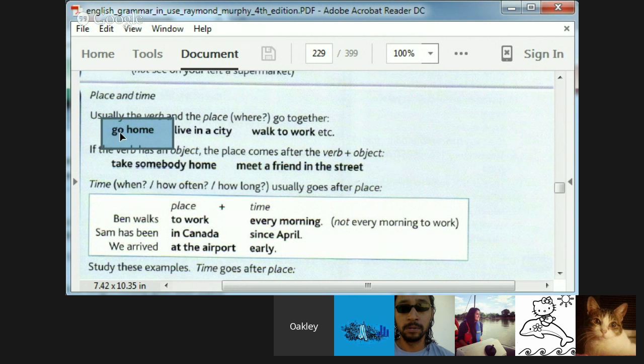The "to" is, we don't use it to create, again, like to work, to the mall, in a city, a prepositional phrase. So it's not really considered an object. It's considered a place. All right, so that's a little weird thing in English. Any questions about place before we move on to time?